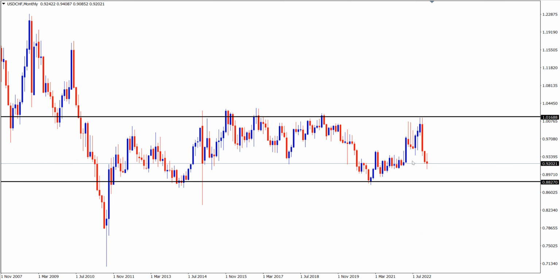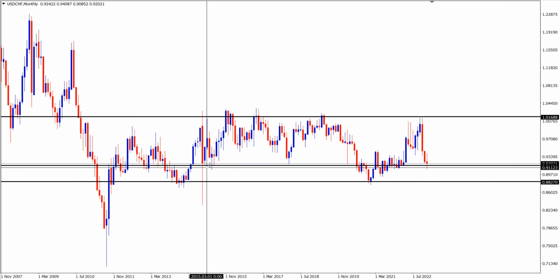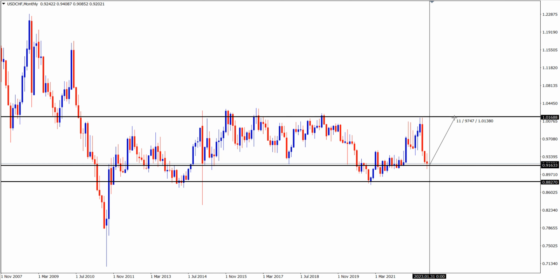And USD Swiss franc is also standing at a support area, the major support at 0.9691. 0.91 is still a major support area, so you can see a big reversal happen from these areas. Maybe it also has chances to move up like this, or else it will move down and then move up.